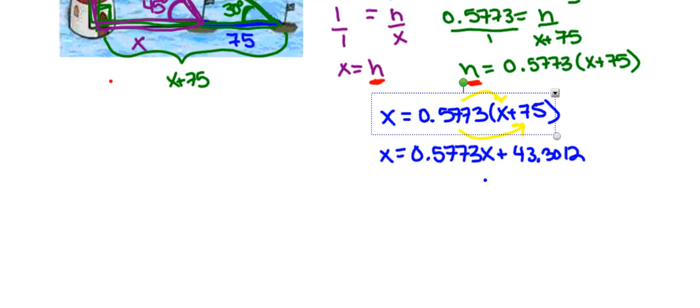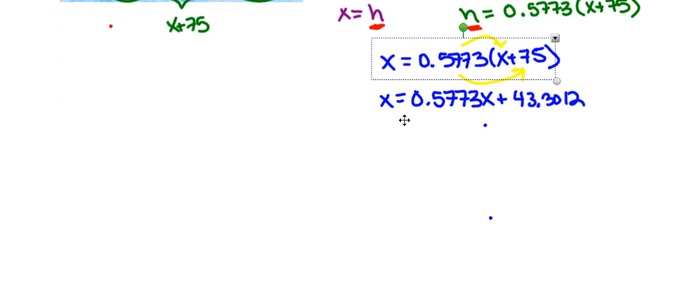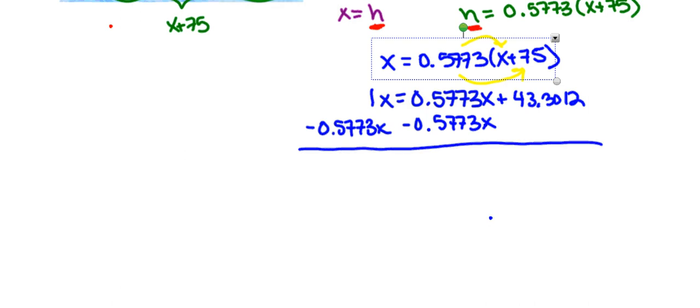And now I'm going to go ahead and solve. I'm going to subtract the 0.5773x from both sides. So I've got 1x minus the 0.5773.